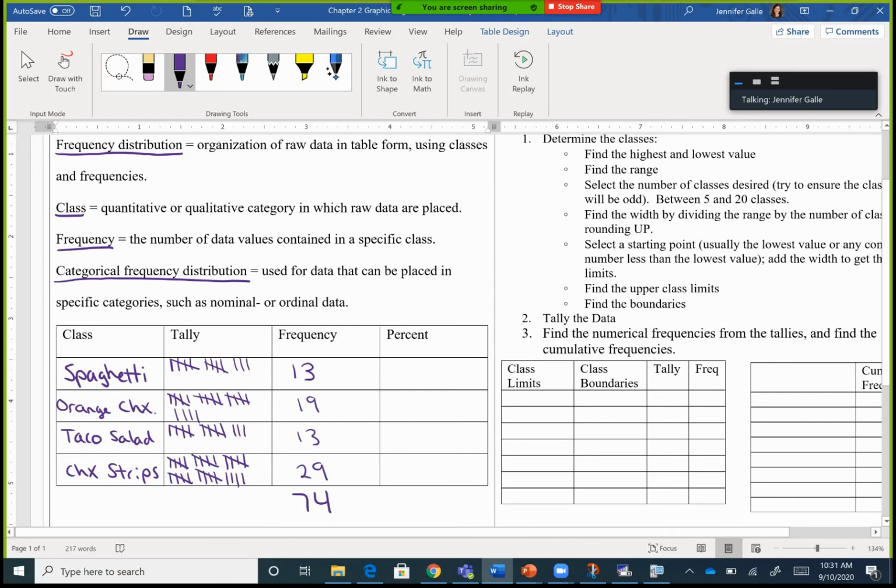Now, we looked at that pie graph when we first started, and we knew our percent can only be 100. So, does anybody remember how we find the percent of our data set that's represented by spaghetti? Sarah? Take the frequency divided by the total. Okay, so frequency divided by total. And then what do we have to do with that? Multiply it by 100.